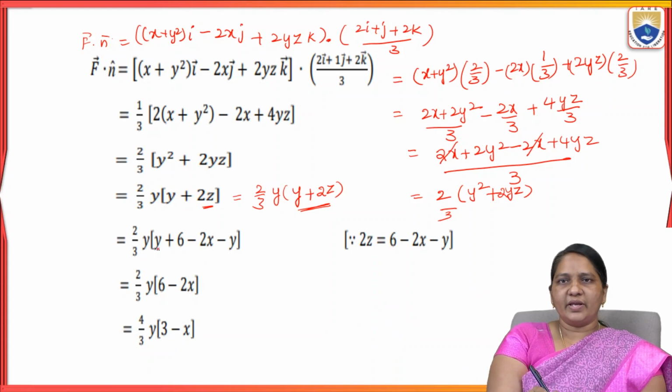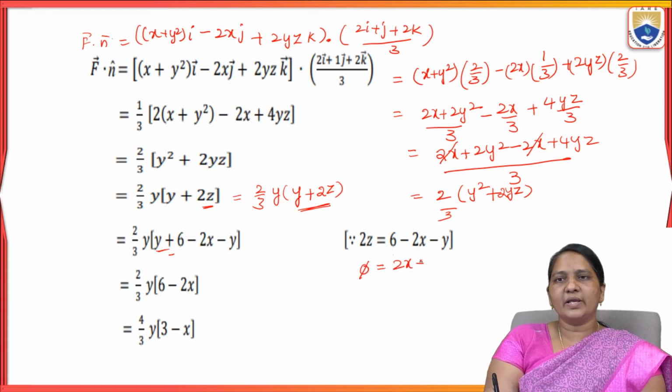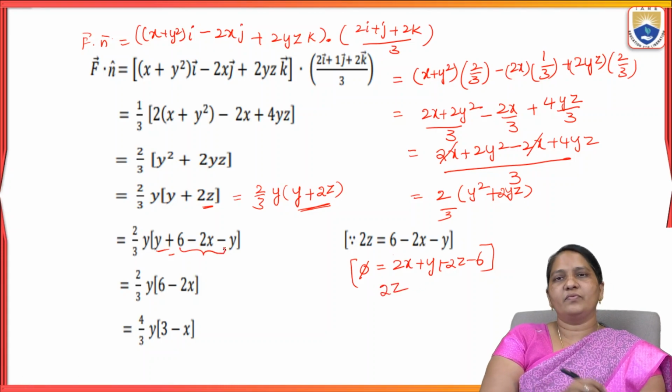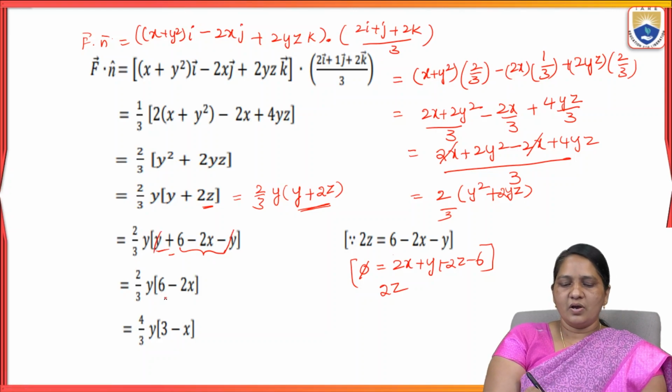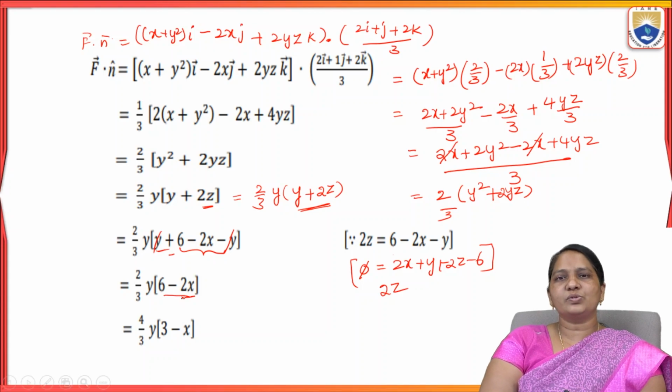So 2 by 3 y into y plus 2z, where we take y plus 2z from the plane: 2z is 6 minus 2x minus y, that is what we replaced here. Now plus y minus y will be cancelled. Finally we got 6 minus 2x.